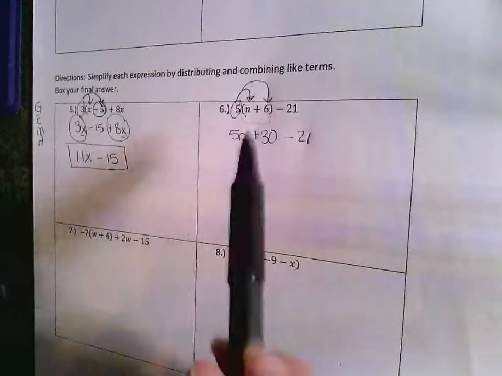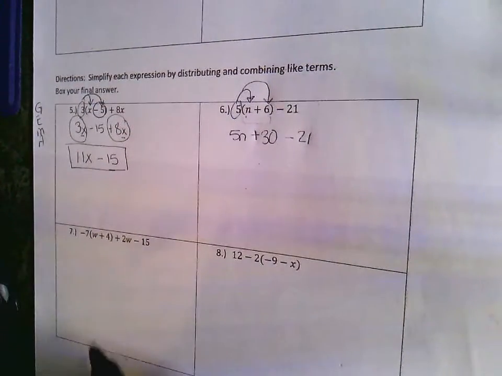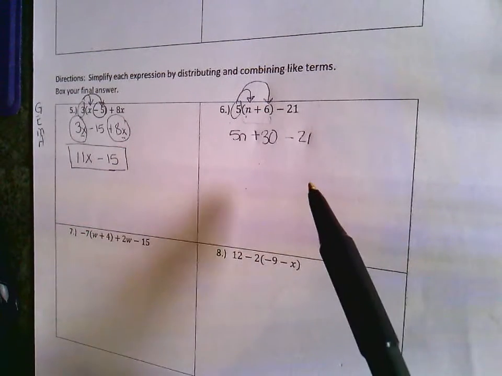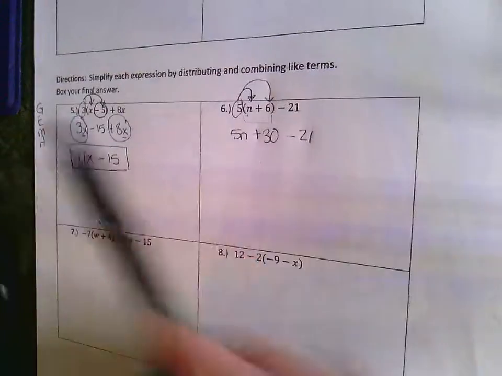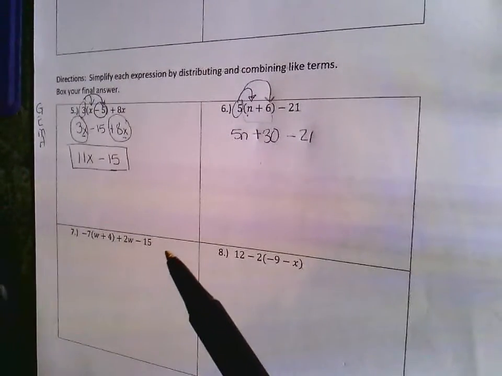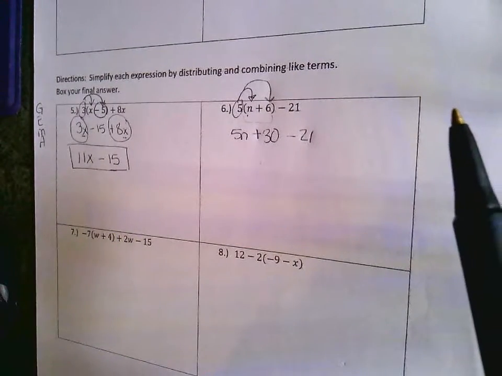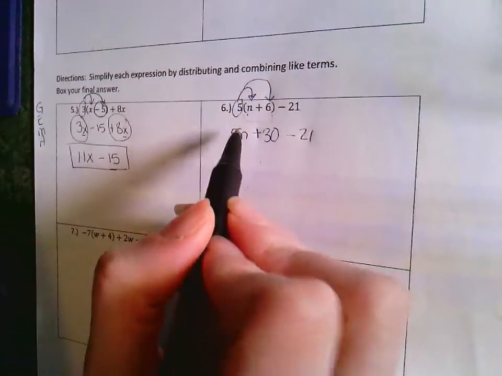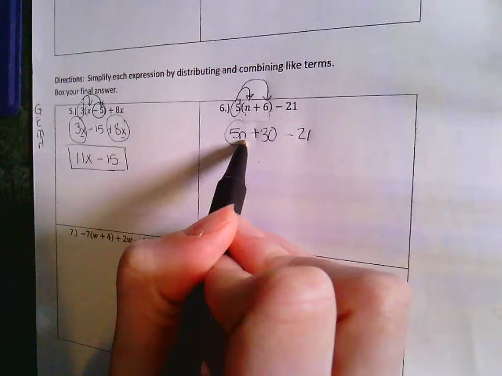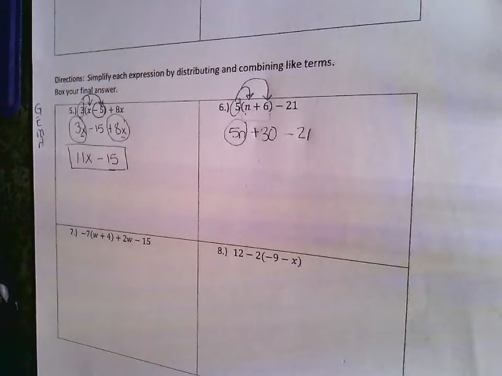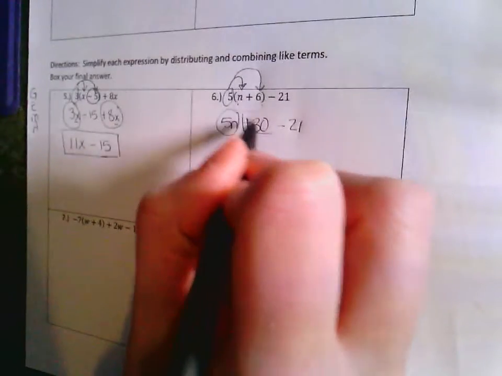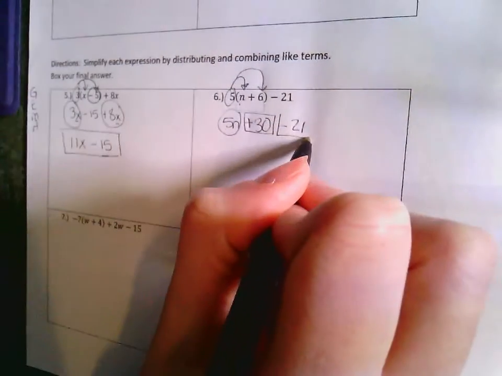Now that I have done the distribution, what do I do next? Do I see any other multiplication? The answer is no. I do see, however, some addition that could be added together. What are the things that I can add together? I circle my 5n. Can anything else be combined with this 5n? The answer is no. I can, though, put boxes around my plus 30 and my minus 21.